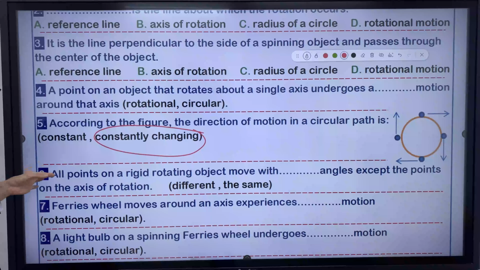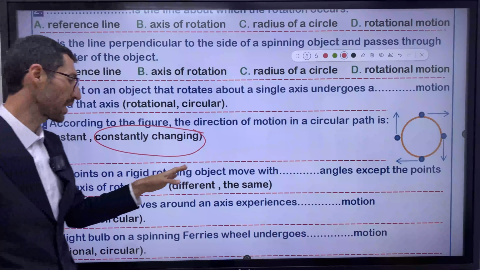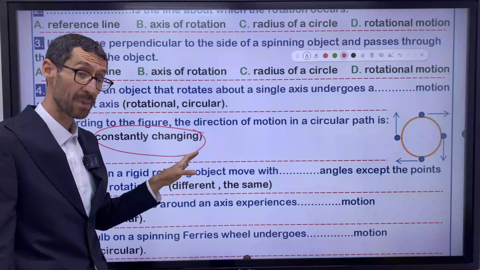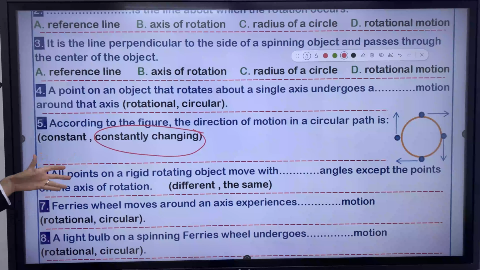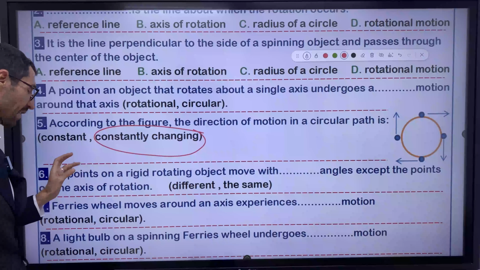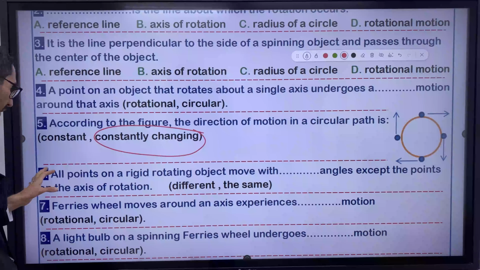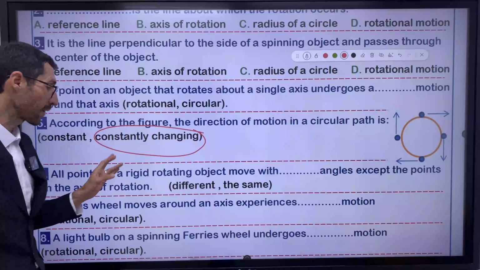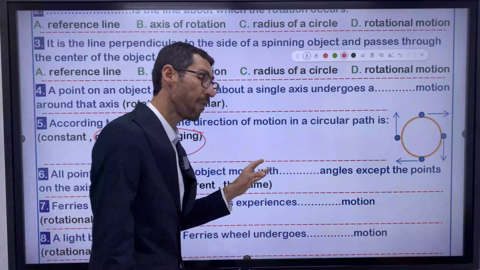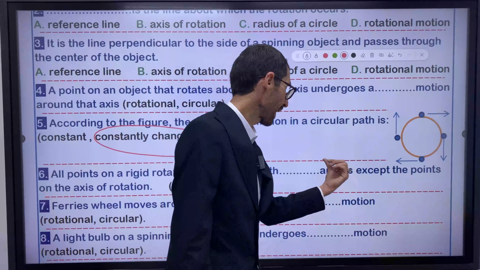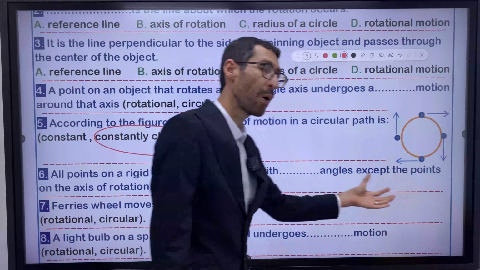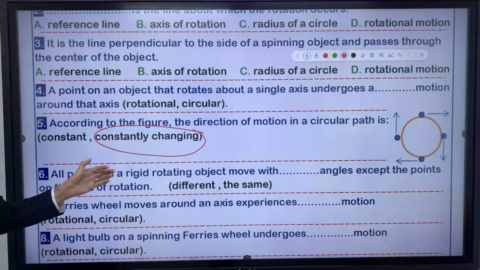Question number 6. All points on a rigid rotating object. I'm sure you know the answer because I elaborated that for you in the previous lecture. All points on a rigid rotating object move with, we have a gap here, move with angle except the points that are located on the axis of rotation.